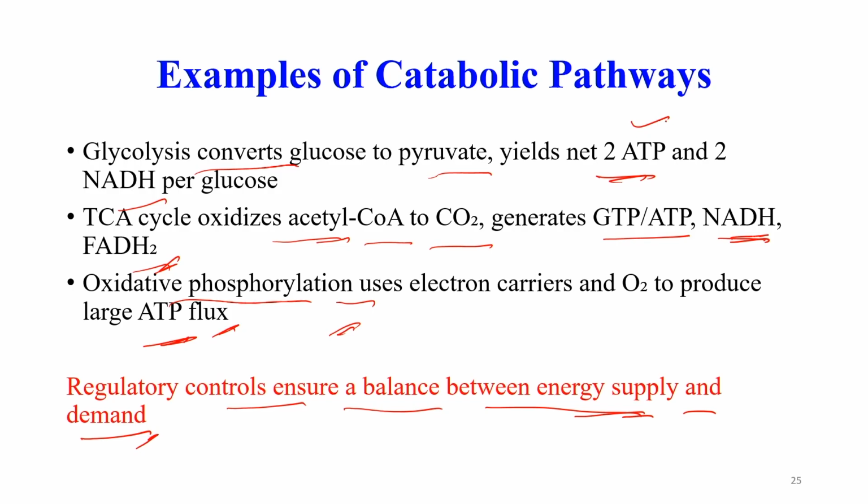If there is a requirement of only 2 ATP, that can be generated through glycolysis alone. So, depending on the requirement, the particular catabolic pathways are selected by an organism.